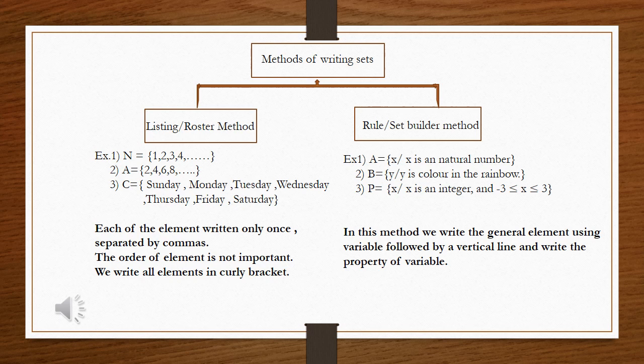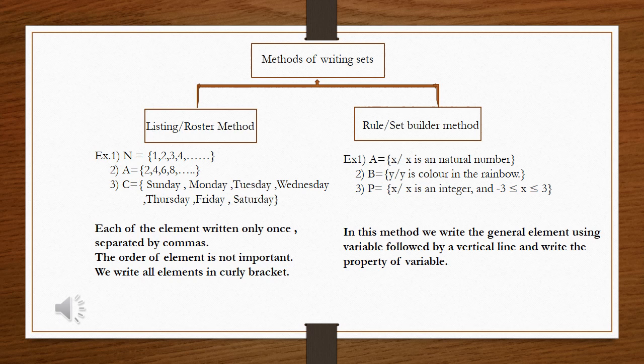So let us take examples. First one is the listing method. For example, N equal to the set of natural numbers, and another, take a set A equal to 2, 4, 6, 8 and so on. That means it is a set of all even numbers. Third example is a set of all days in a week.